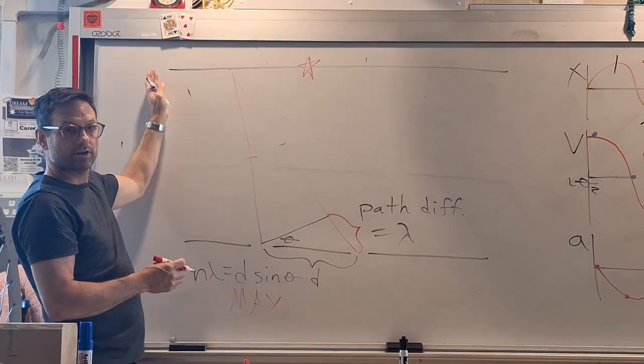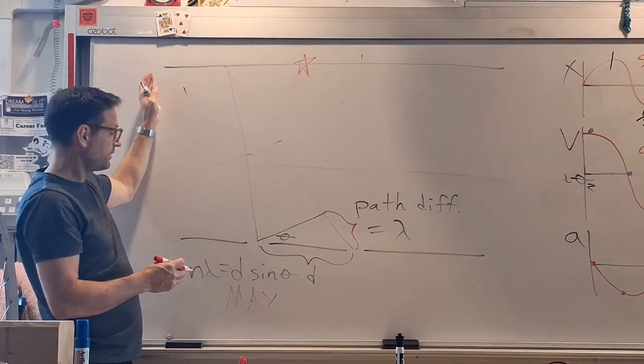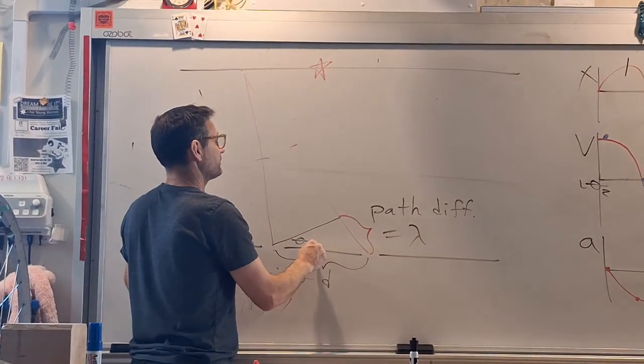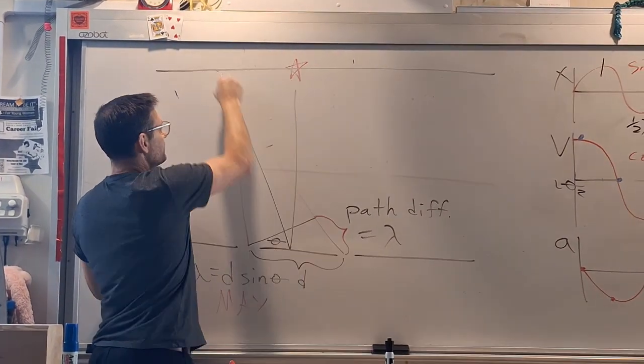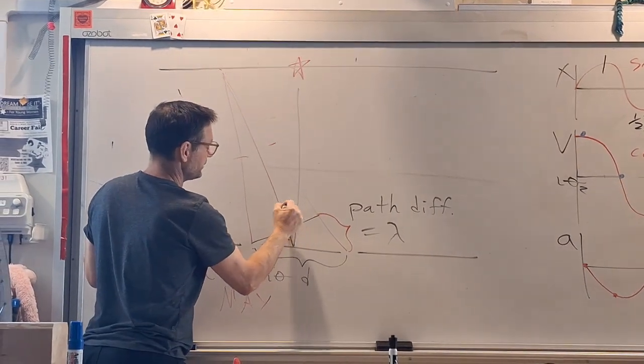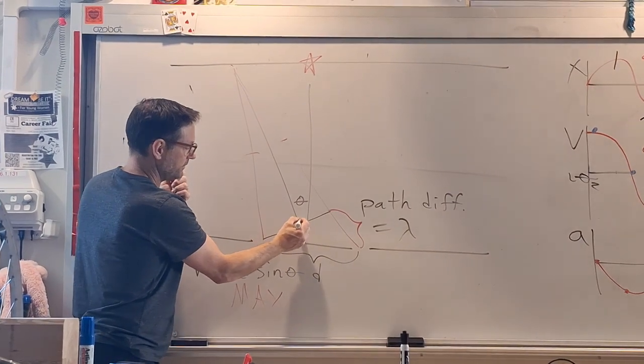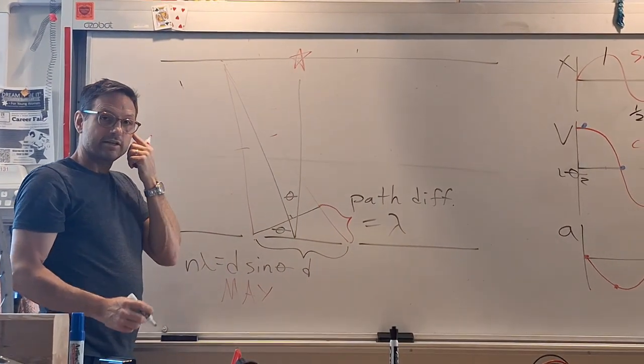Where is theta on the screen? If I draw straight up and this way, this angle is theta. You can work it out because this is right next to that.